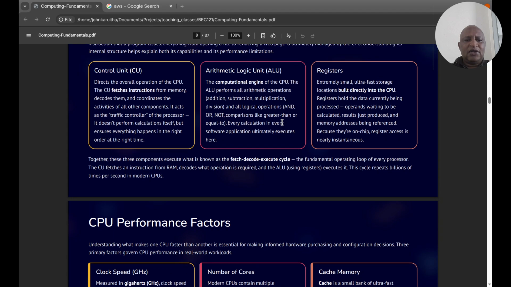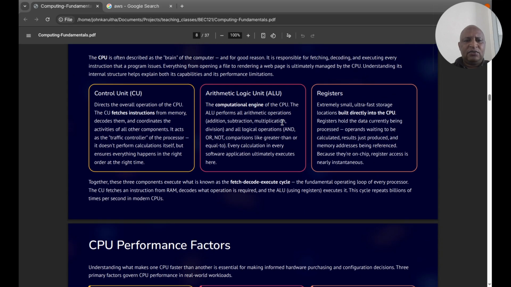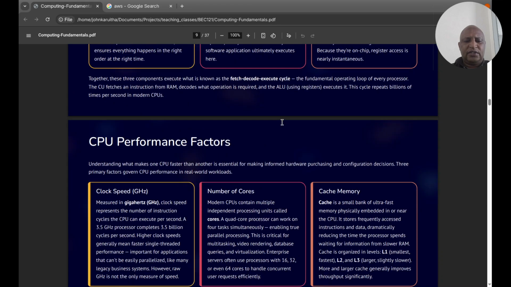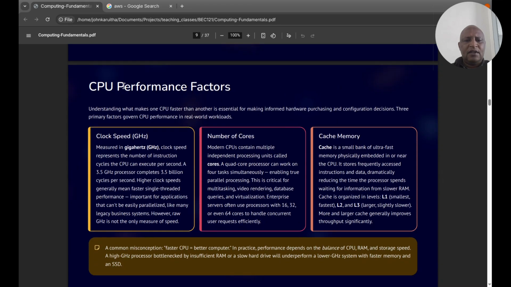Now, let us narrow down to the CPU itself, what we call the central processing unit. How do you measure the performance of a CPU? And this is something that you should be worried about. This is what you look at when you are buying a computer. You look at its clock speed measured in gigahertz.